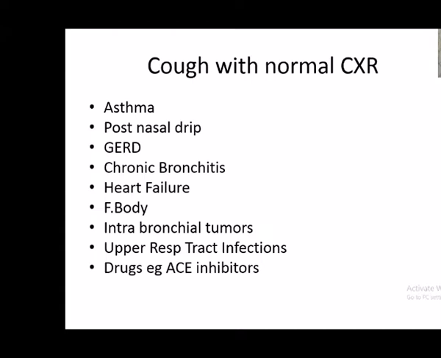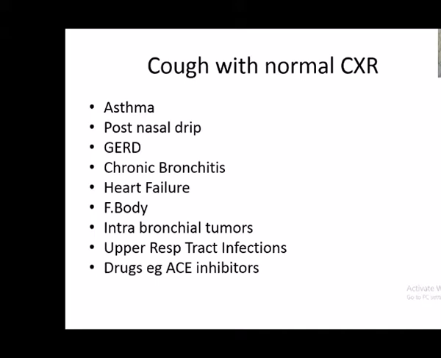But there are other causes like chronic bronchitis and acute left ventricular failure. In the early stages, you may have a normal chest X-ray. Sometimes foreign body aspiration, particularly in children. Some of these foreign bodies are not radiopaque, so they will not be visible on a chest X-ray. Intrabronchial tumor, when the tumor is in the bronchi, will not be visible on the chest X-ray.